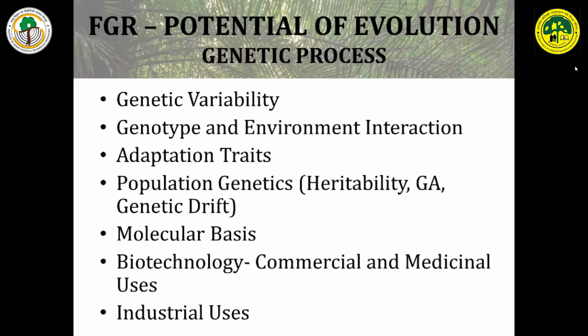So coming to what exactly forest genetic resource means to the Government of India or policymakers: forest genetic resource is nothing but the hereditary material that enables the woody trees and also associated species to survive, maintain, and adapt to the new environment, and also provide economic benefits to humankind.